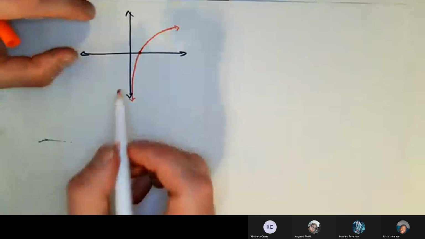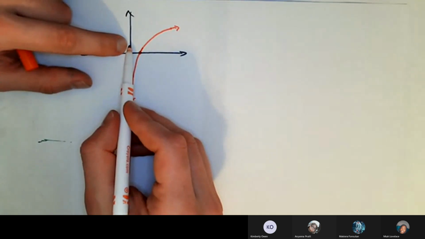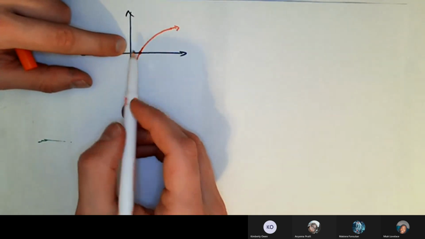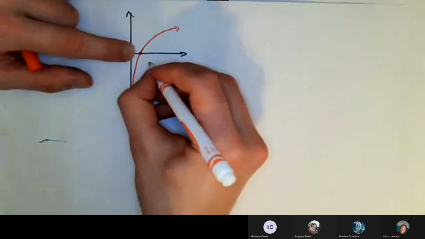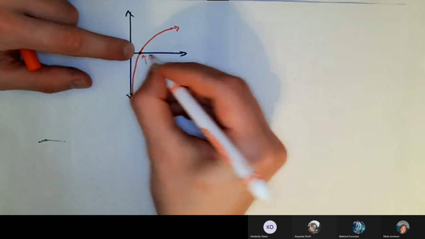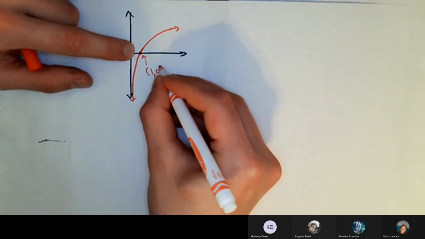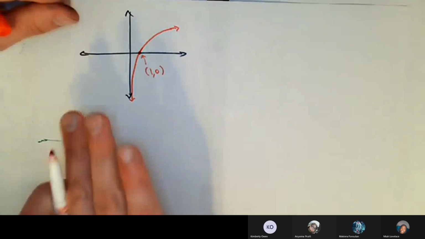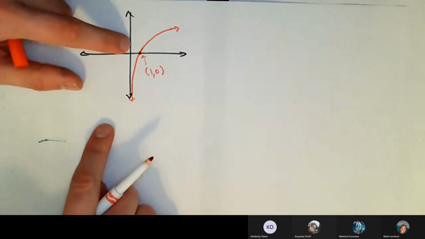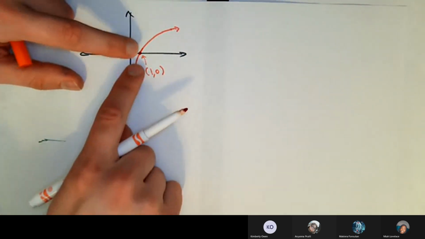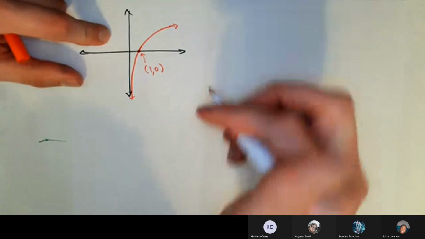Remember that all of our exponential functions went through a point up here at 0, 1. Likewise, all logarithmic functions are going to go through the point 1, 0. See how x and y have flipped, right? It was 0, 1 for all the exponentials, and now it's 1, 0 for all the logs.